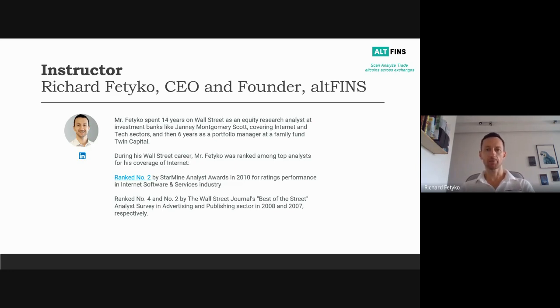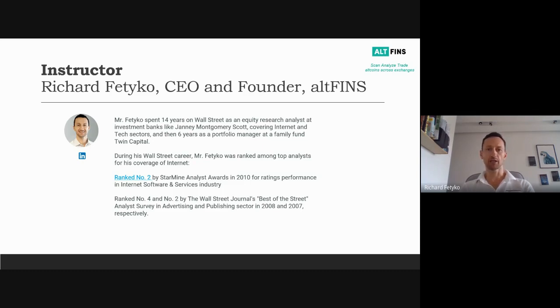I started speculatively trading, investing, and realized that I needed a tool similar to Bloomberg that I was used to in my traditional finance days that was missing. And so I and a group of developers have decided to build one, and from that, altFINS came about.